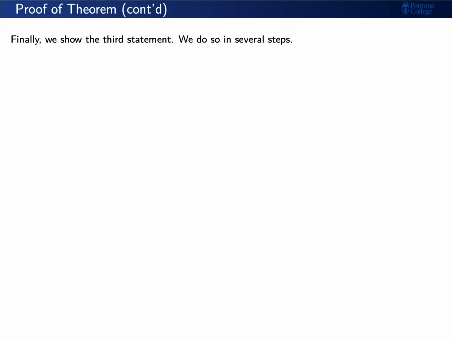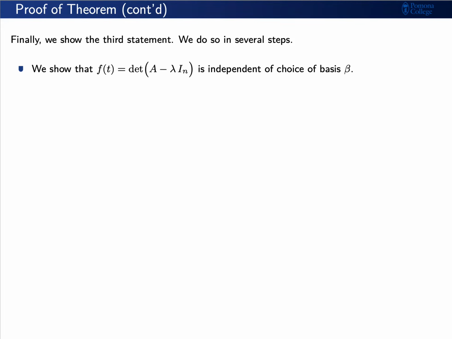We're going to do so in several steps. First, let's take a look at this determinant, which we call f of t. We're going to show that this is independent of the choice of basis beta.